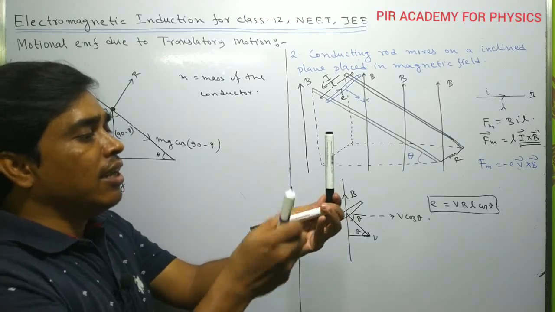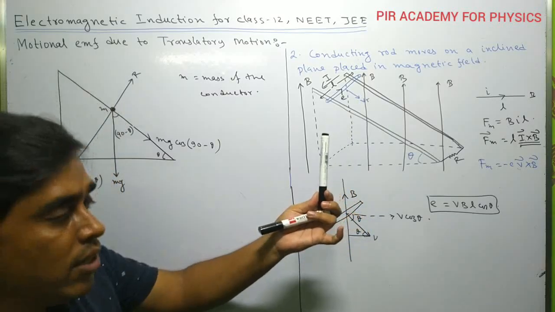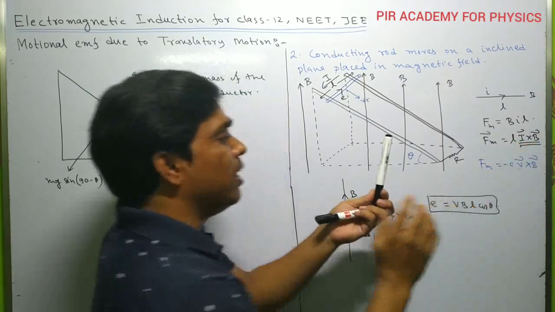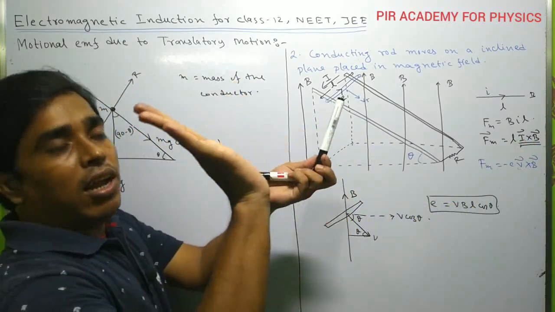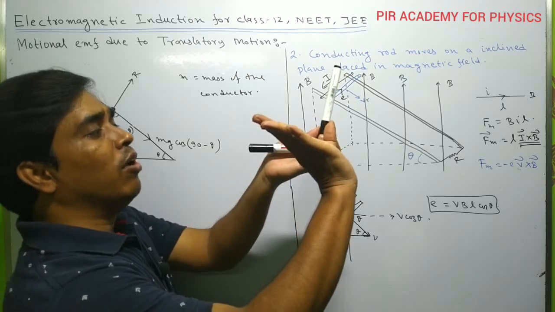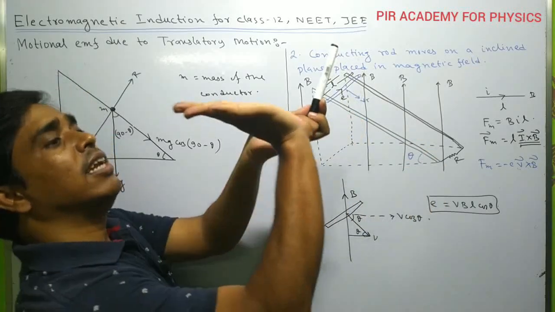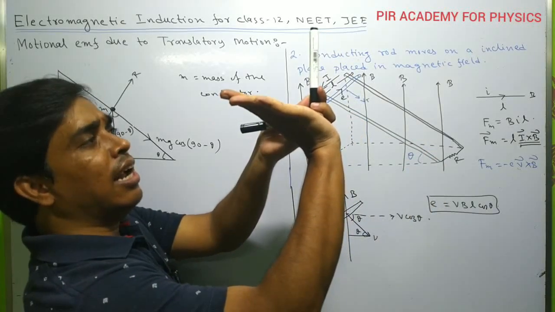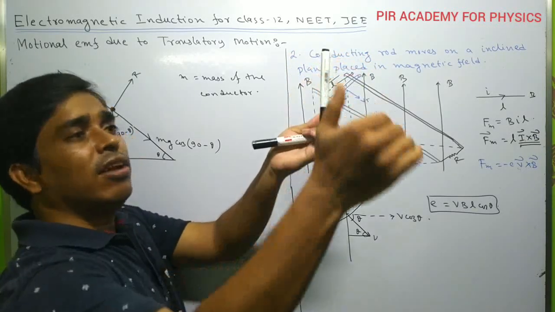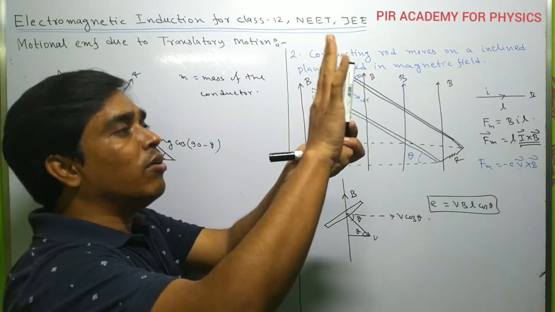Here you see the current of this conductor is along this direction and the magnetic field is along this direction. The force on this current carrying conductor is I cross B. This is my right hand. I place this right hand along the direction of I and move it around B. That gives the direction of the magnetic force on the conductor.